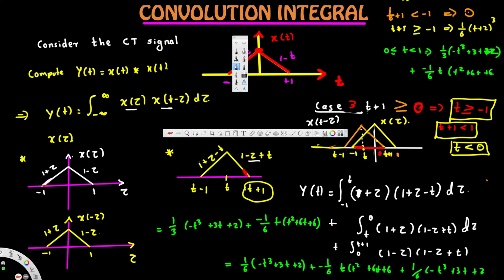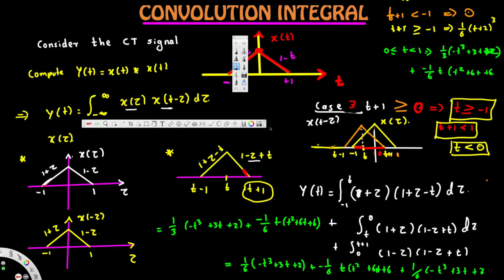Now the fourth case we can have is when t minus 1 is greater than or equal to negative 1. Before, you can see here, we had t minus 1 that is less than negative 1, but if it's greater than negative 1, it's going to go inside. So we are going to have a graph that looks like this.